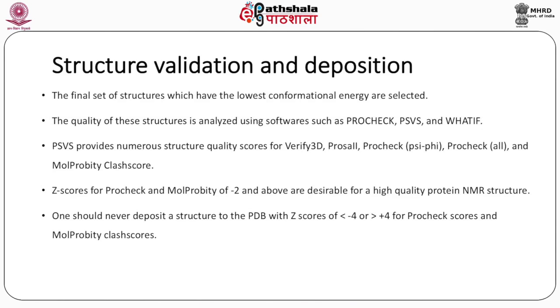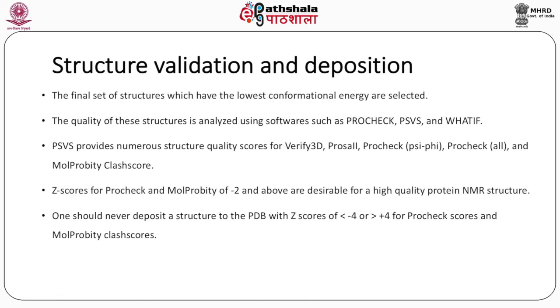Structure validation and deposition. The final set of structures which have the lowest conformational energy are selected. The quality of these structures is analyzed using softwares such as ProCheck, PSVS and What If. PSVS provides numerous structure quality scores for Verify 3D, PROSA, ProCheck, Sci-Fi, ProCheck All and MolProbity clash score.